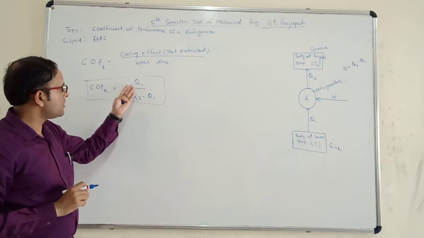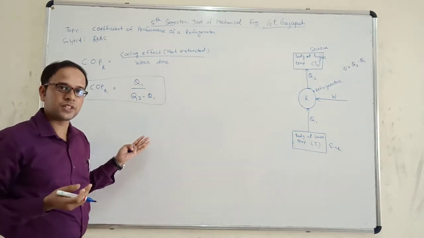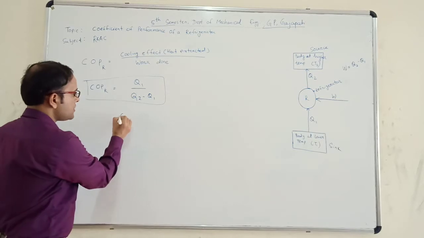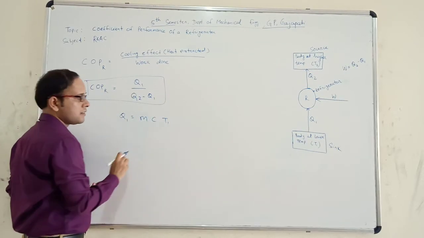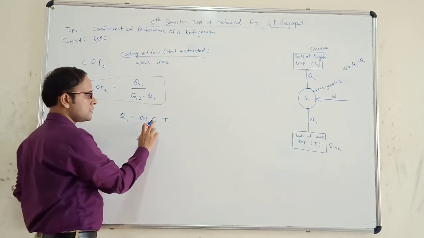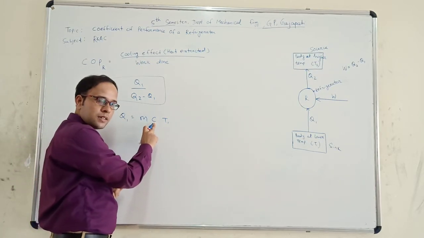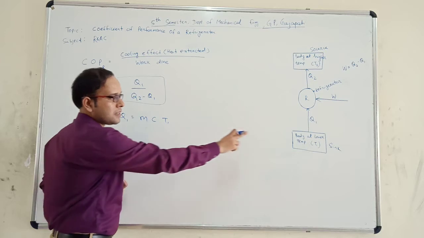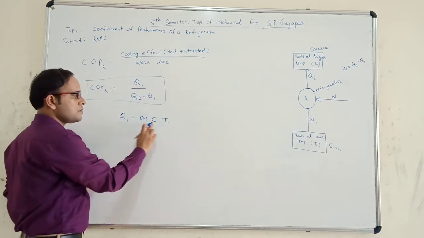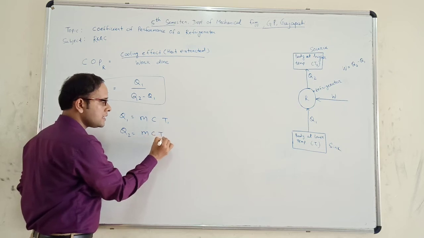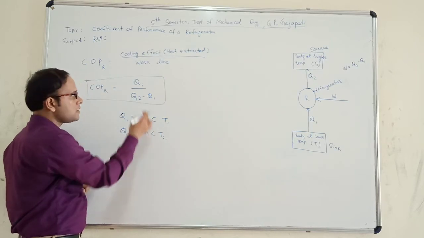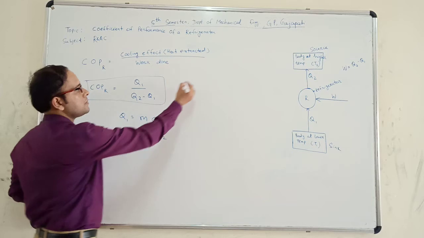Now we will write it in terms of temperature. We know Q1 is m c T1, where m is the mass of the refrigerant, c is the specific heat, and T1 is the temperature of that system. Q2 is m c T2. Now put these values here.